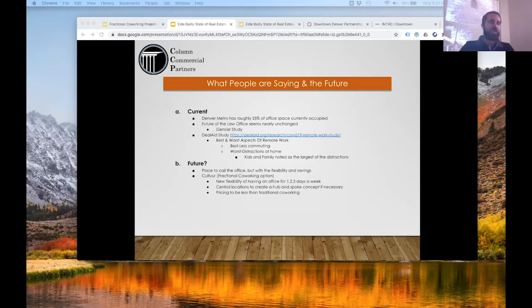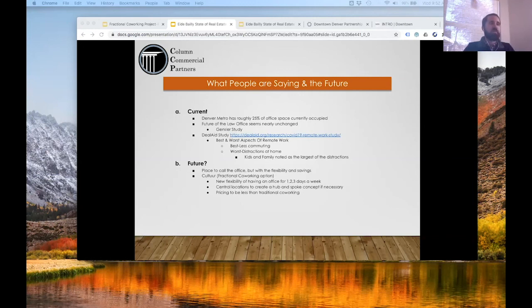So of the office space that is leased, not on the sublease market, that people still have as their current office, only 25% is currently occupied, meaning 75% are still working remotely. The highest concentration of workers back in the office are in the Miami area and the Dallas and Fort Worth areas. And each of those are at 44.3 and 43.3% respectively. So interesting little tidbit about who's actually back in the office versus who's continuing to work remotely.